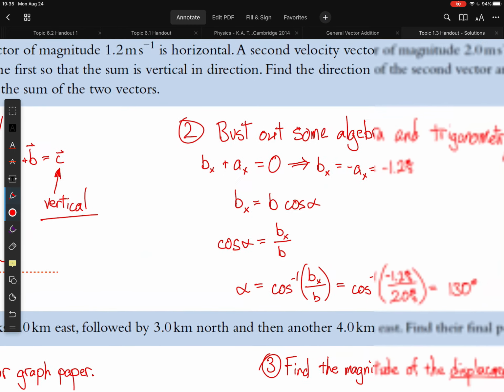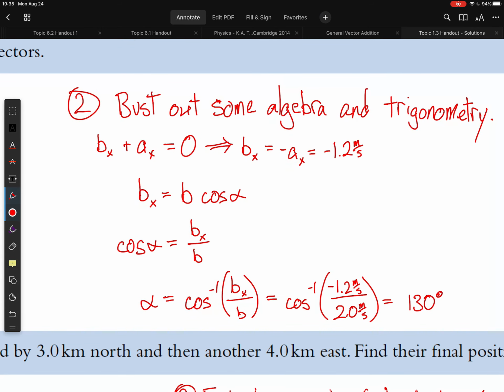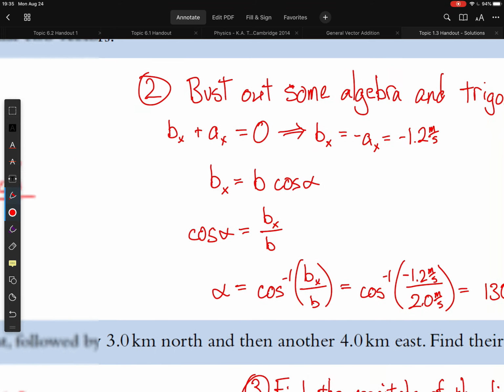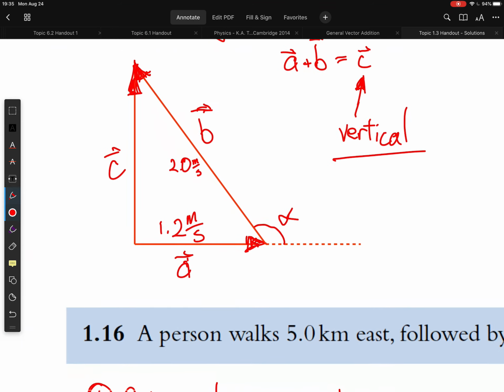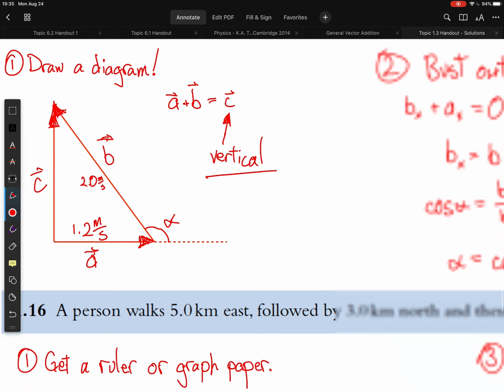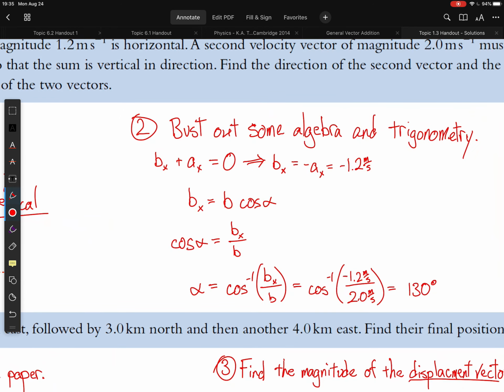Next, we need some algebra and trigonometry, and that looks like this. So we know that b_x plus a_x is going to equal 0 because our resultant has no horizontal component. So vector C has 0 horizontal component.